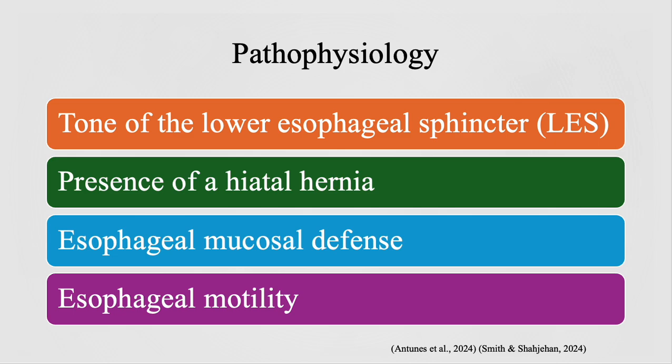The esophagus has a different tissue composition than our stomach. Our gastric cells are well equipped to live in that highly acidic environment, but our esophagus is not. So we're going to start to see a breakdown of that mucosal defense, and also an alteration in esophageal motility.